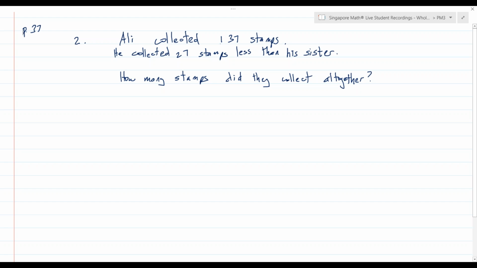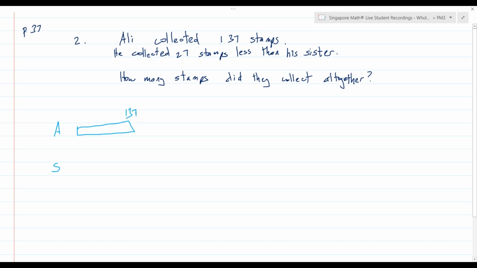On page 37, there's a second problem. It says that Ali collected 137 stamps. He collected 27 less stamps than his sister. How many stamps did they collect altogether? This is a great time to make a picture. Ali has 137 stamps. Now think for a moment.